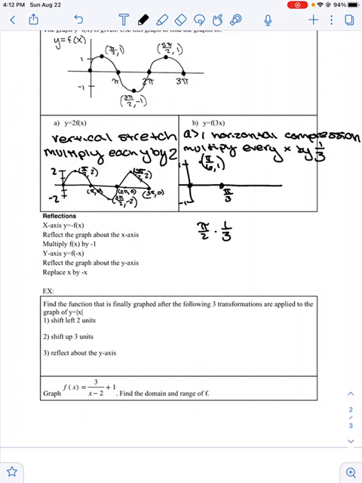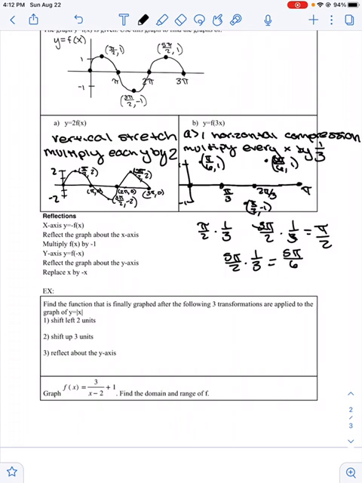And then our 3 pi over 2 times 1/3 is now pi over 2. Then 2 pi becomes 2 pi over 3. And 5 pi over 2 times 1/3 is 5 pi over 6. And then 3 pi becomes pi.